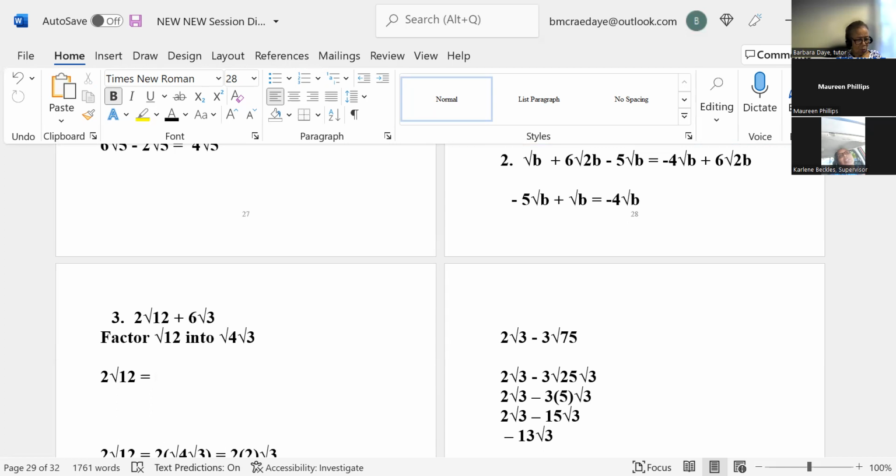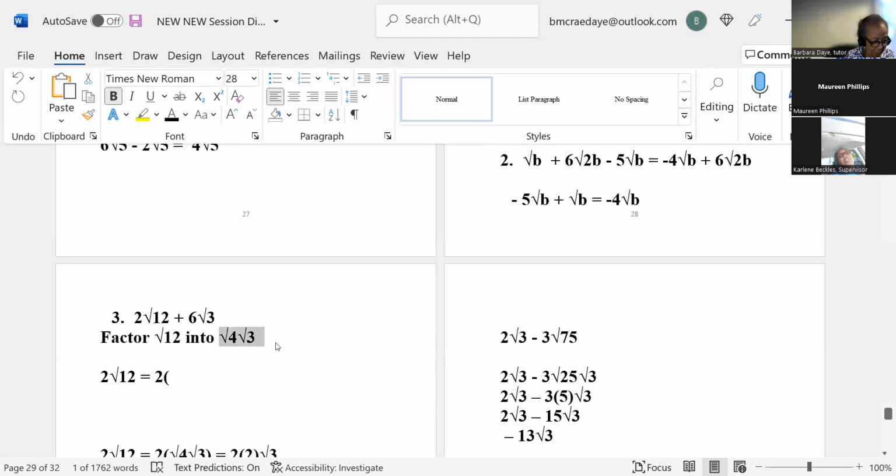So what would I write here and put my factors in? What would this look like? Square root 4 square root 3. No, you got a 2. You can't throw that away. You got a 2. And what goes behind it? What's the factors of the square root of 12? 4 and 3.